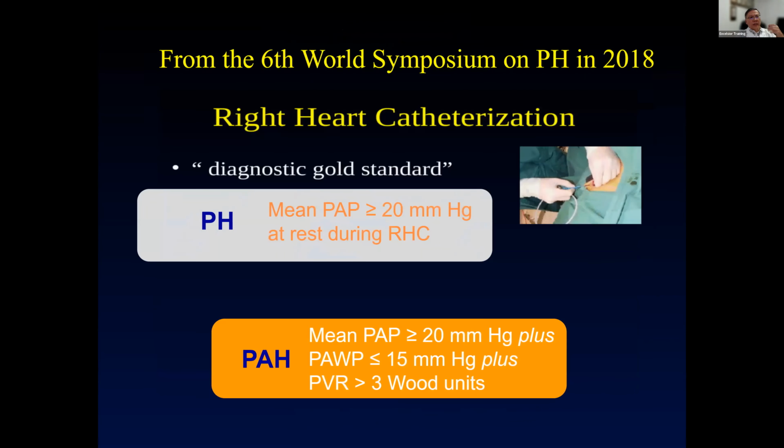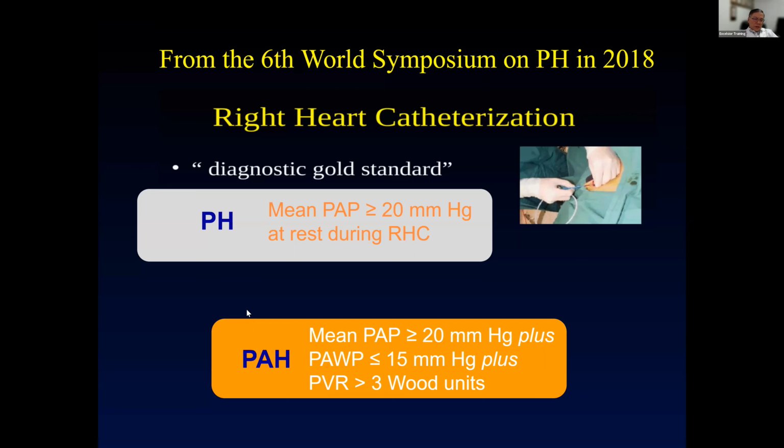Well, the way to make a diagnosis of pulmonary hypertension, the gold standard, is cardiac catheterization. It's an invasive test where you have to go to the cath lab, and the interventional cardiologist or pulmonologist would put a catheter, a Swan-Ganz catheter, through the jugular into your right heart, and then flow into the pulmonary artery, and then measure the pressure inside the pulmonary artery.